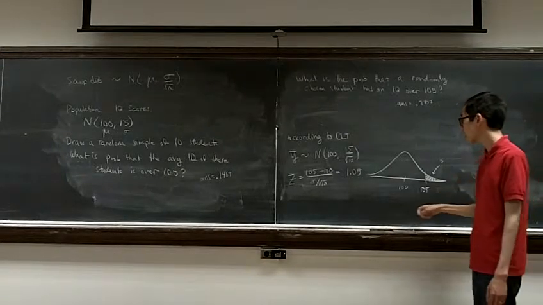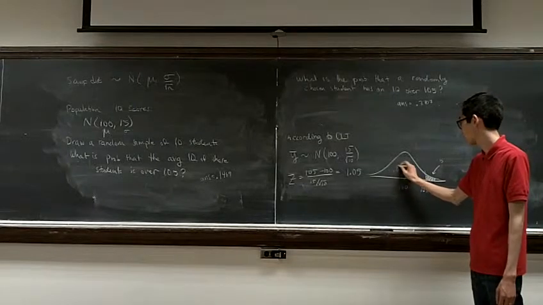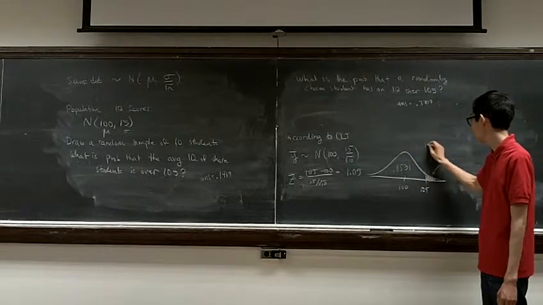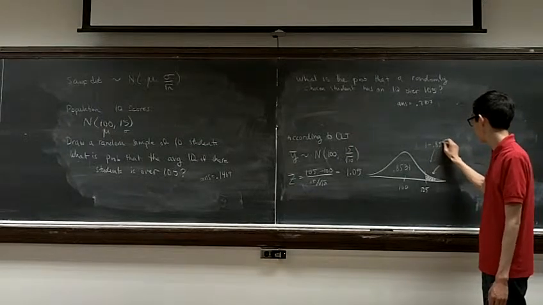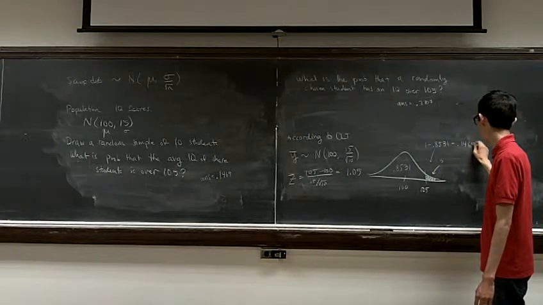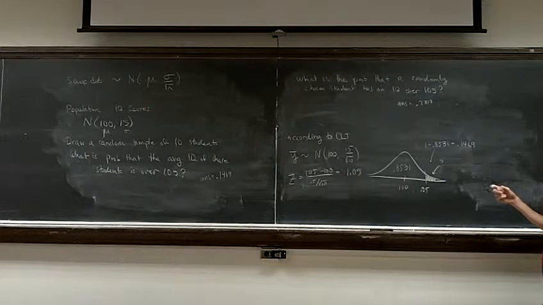So I look that up in my z-table and get 0.8531, and that means over here I have 1 minus 0.8531, which is equal to 0.1469. Equivalently, I could have just looked up negative 1.05 in the z-table and gotten 0.1469 directly.